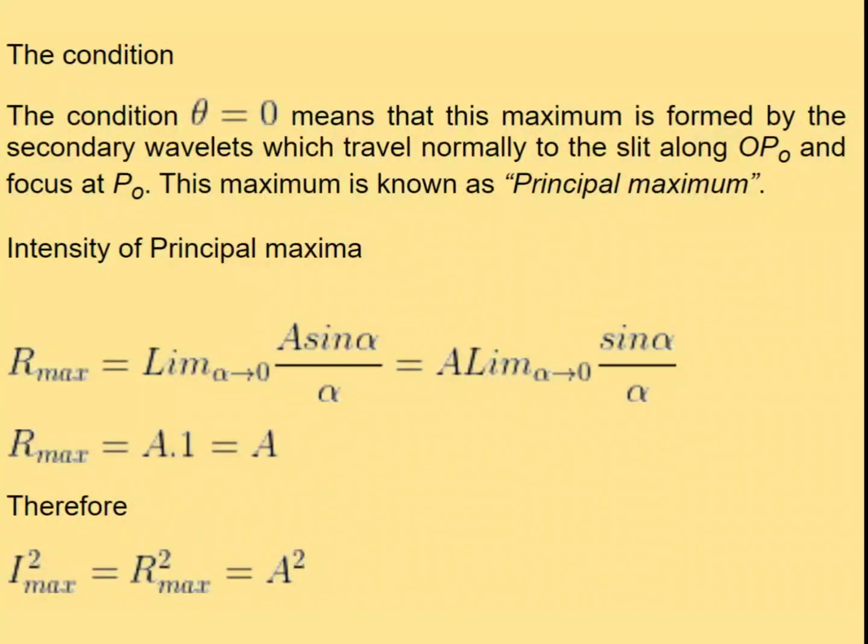This value is equal to 1. So resultant amplitude is A. As per the definition of intensity and amplitude, the square of the amplitude is equal to intensity. So principal maxima is A square.